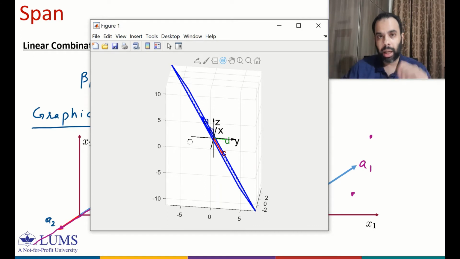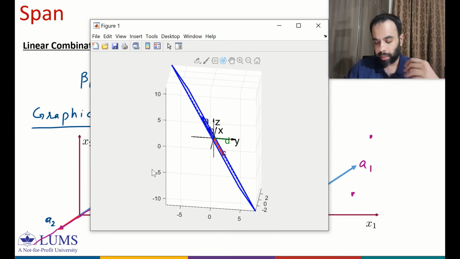Can you see the connection here? When we added C, we still got the two-dimensional plane because C was on the same plane that was formed by linear combinations of A and B. Since C was a linear combination of A and B, we did not get an extra dimension when we added C.